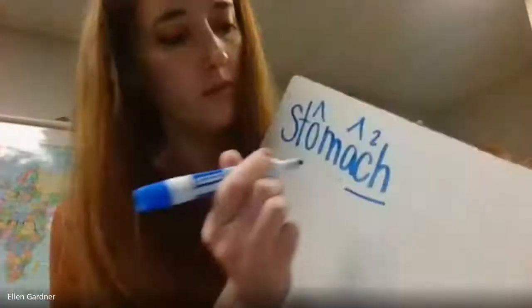Or you could think of it as stomach, because we're going to use that ch phonogram. But I think it would help you to think of it as stomach. Make sure you've got the ch phonogram.